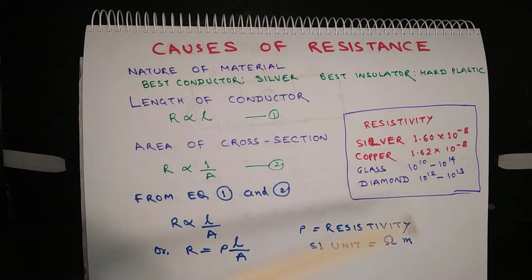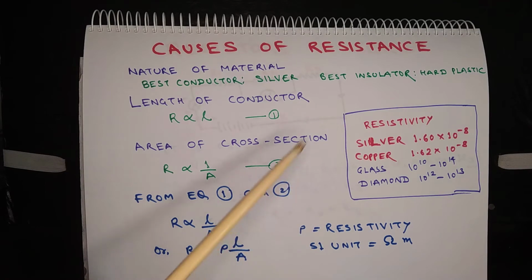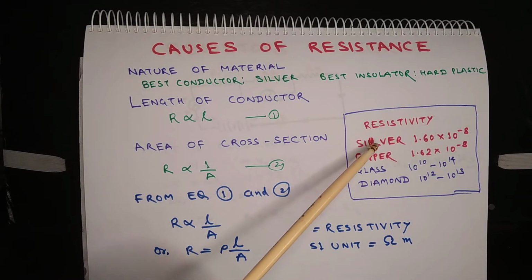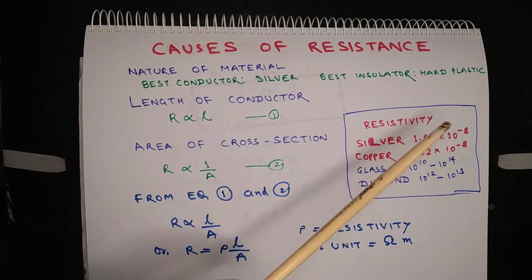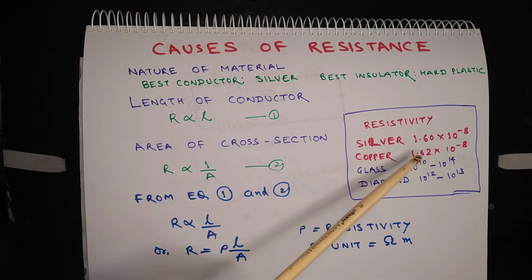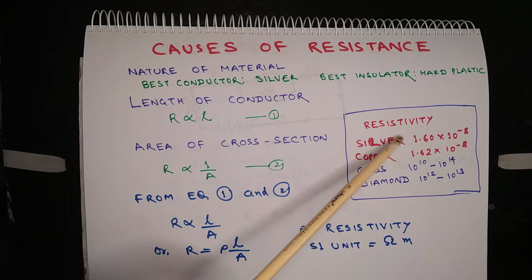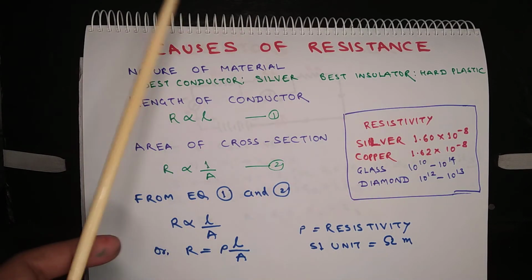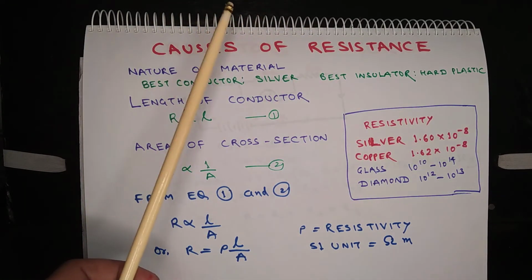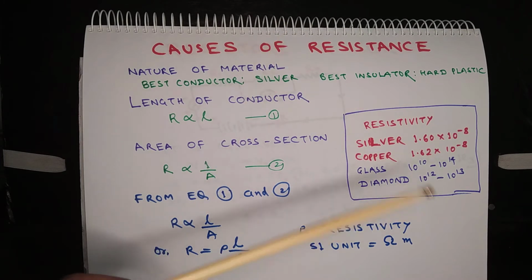Here are some examples of resistivities of some materials. The resistivity of silver is 1.60 multiplied by 10 power minus 8. That of copper is 1.62 multiplied by 10 power minus 8. So 10 power minus 8 means that 1.60 is divided by 10 power 8, so it will come to 0.0000 something.